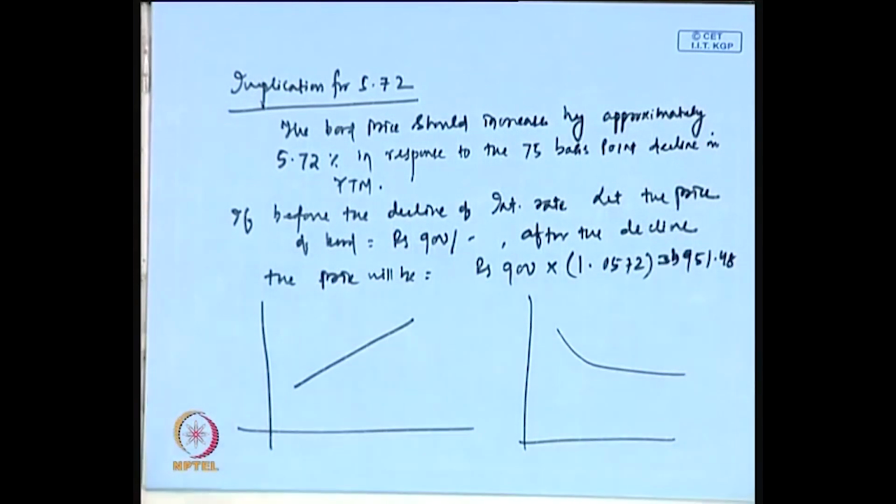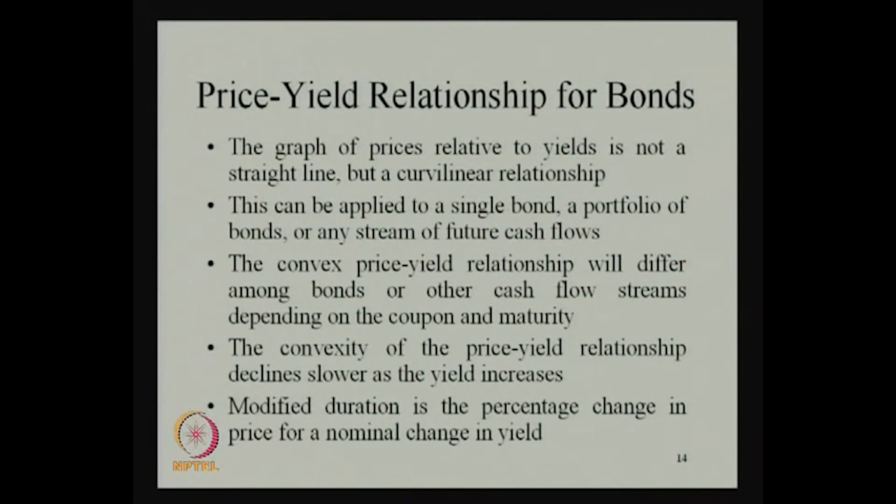If you want to show how this particular curve will look and why it looks like this, that is the question we always have in our mind. In this context we should know what it exactly means. From theoretical considerations we can infer that there is a convex relationship between these two.